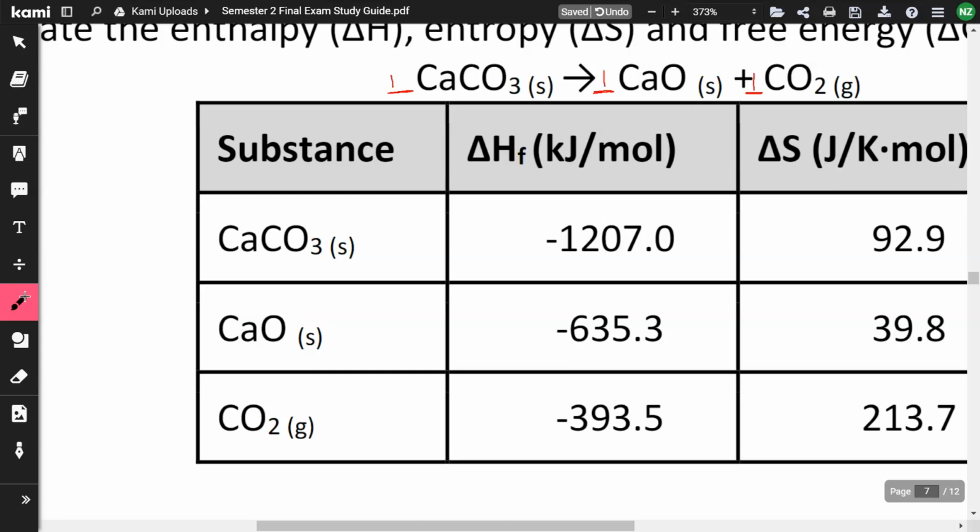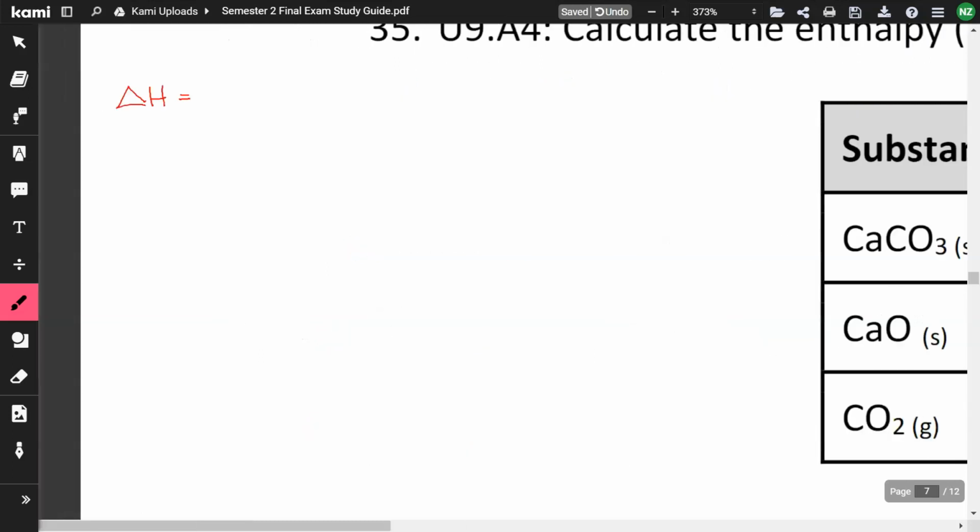If it was 2 CaO for the middle piece, I would need to multiply that value by 2. But since they're all 1, I'm just pulling those values straight off. So products, it'll be negative 635.3 plus a negative 393.5 minus negative 1207. And I get 178.2 kilojoules.